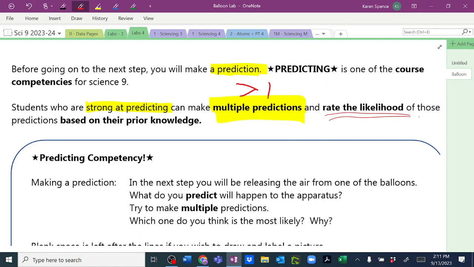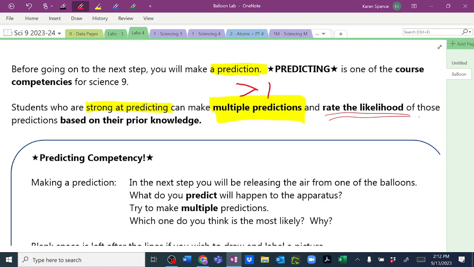Okay? Now, I'm going to give you an example of a prediction. I'm not going to give you any of the predictions that you would reasonably make. But let's say I said, oh, I snipped the balloon on the right, and my prediction is that a dog will run into the room and snatch the balloon off the end. Okay? That is a prediction. Would it be a good prediction?